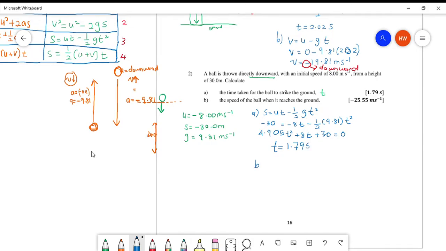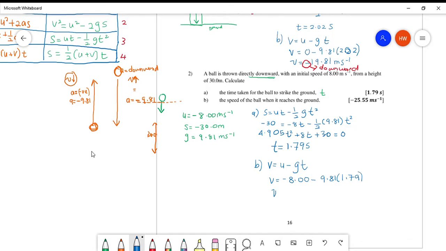Right, for B, the speed of the ball when it reach the ground. So kita akan guna V equals to U minus GT. So U kita negatif 8, jangan lupa letak negatif. Tolak 9.81, time kita adalah 1.79.